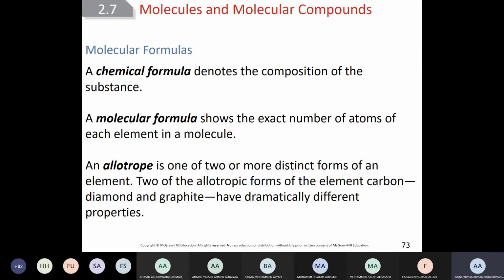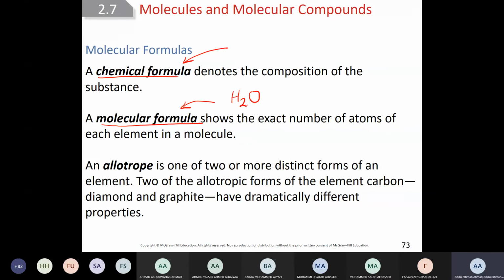Now, if we have nonmetal with nonmetal, then we have compounds like this. We use the word chemical formula or molecular formula to represent these. So if we want to know the formula for H2O, for nonmetal with nonmetal we use molecular formula. But for chemical formula, usually we use it for ionic compounds.